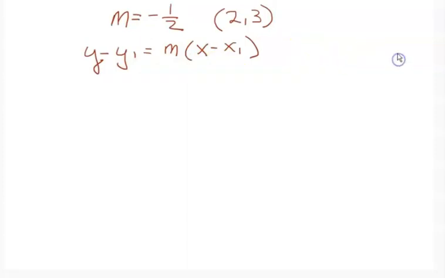So the first thing we want to do is substitute our values. So we get y minus 3 equals a negative 1/2 times x minus, from the formula, 2.